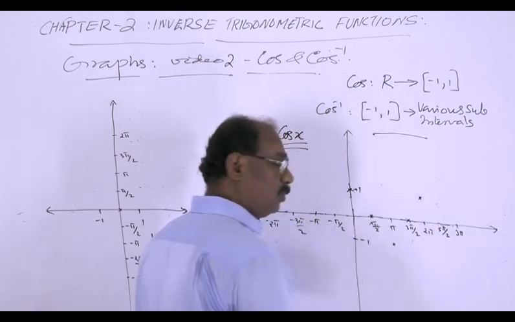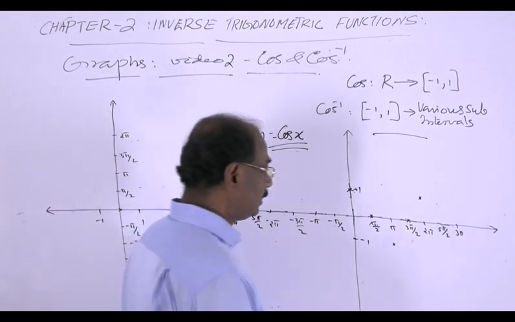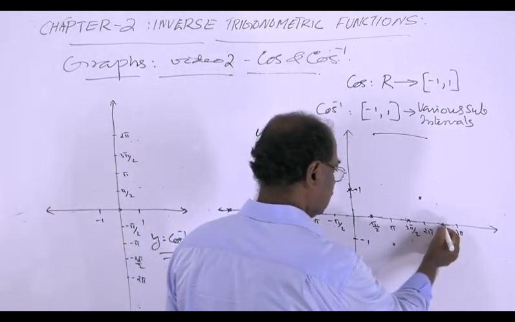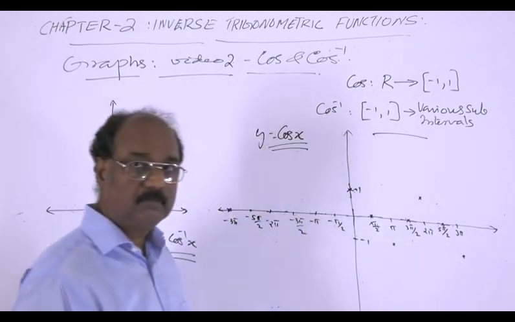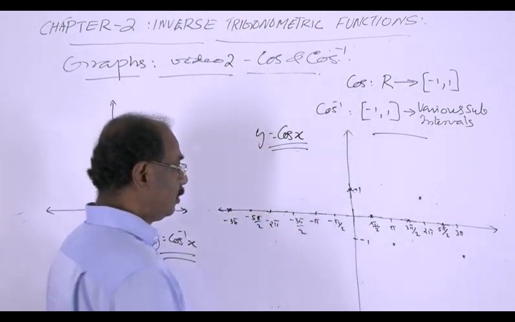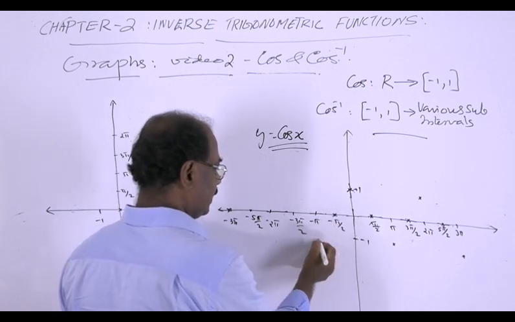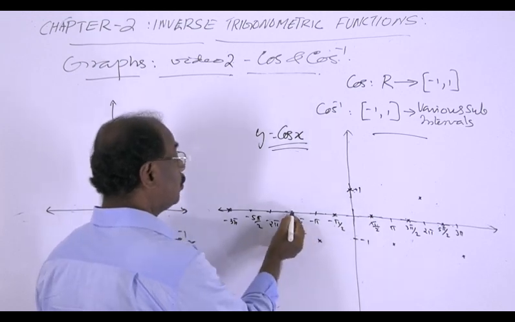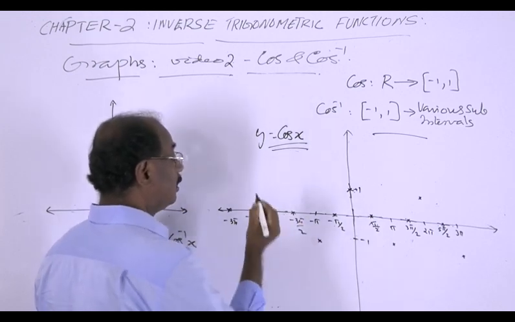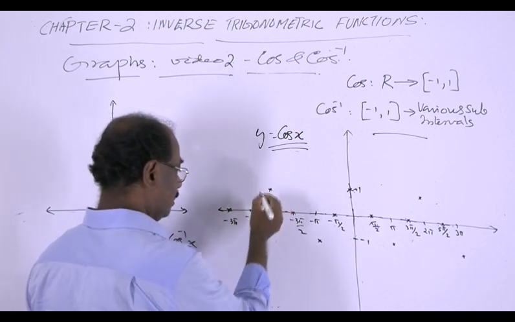We do not go into all the details. Then 5 pi by 2 gives 0, and 3 pi gives minus 1, here. And again, cos of minus pi by 2 is 0. Minus pi gives minus 1, here. Minus 3 pi by 2 gives 0, and minus 2 pi gives 1, here.